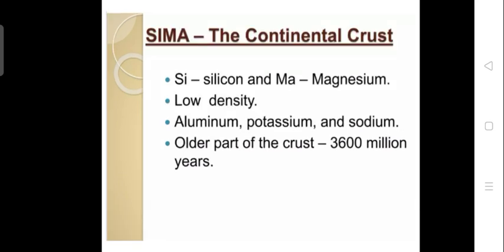Next is Sima, which is continental crust. It also contains aluminum, potassium, and sodium. It is the oldest part of the crust, found about 3600 million years ago.